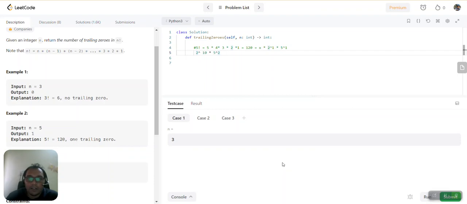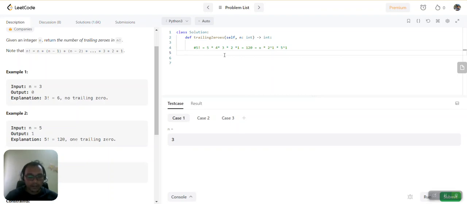We can also note one more thing here. On every 5 spaces we have a 5, and similarly we have extra 5's at 25.